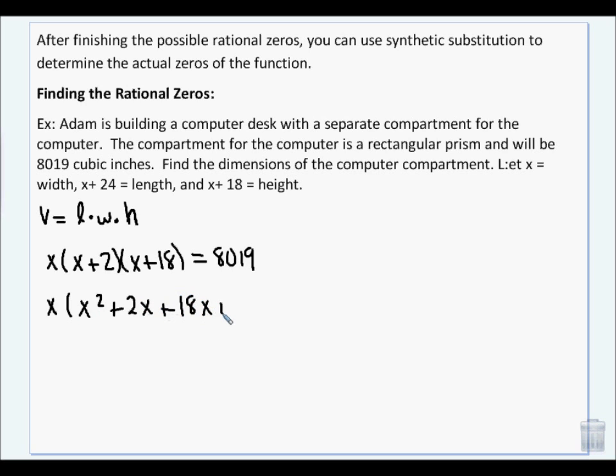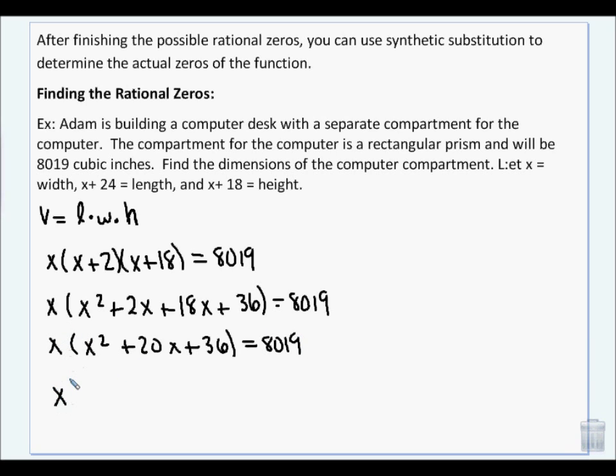So I'm going to FOIL it, and then combine like terms, and then distribute in that last x. And finally, I need to set it equal to 0.